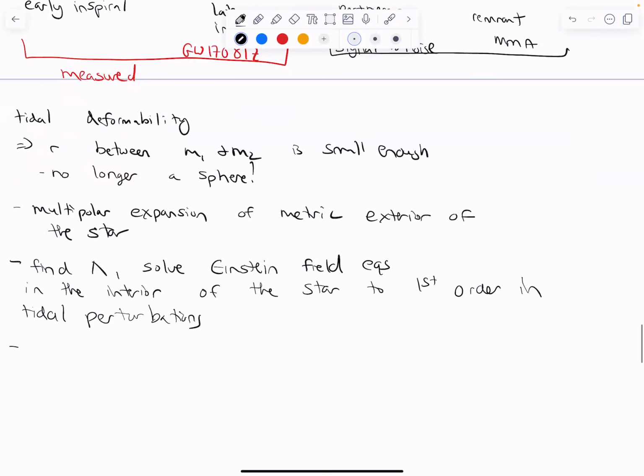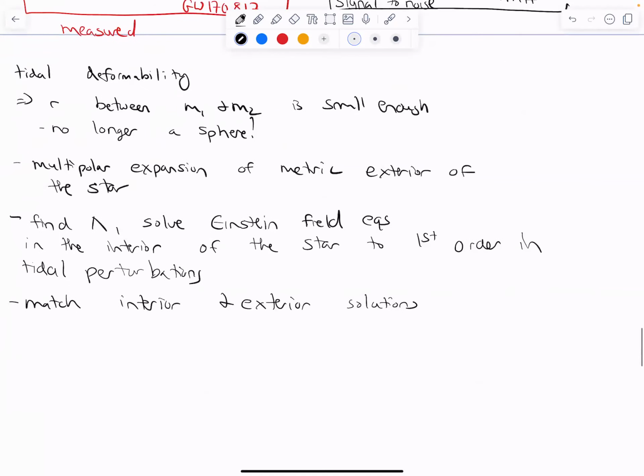And then basically what you do is you match interior and exterior solutions. There's a lot of math that goes under the hood here that I'm not going to get into, but from this procedure, you end up getting a tidal deformability.